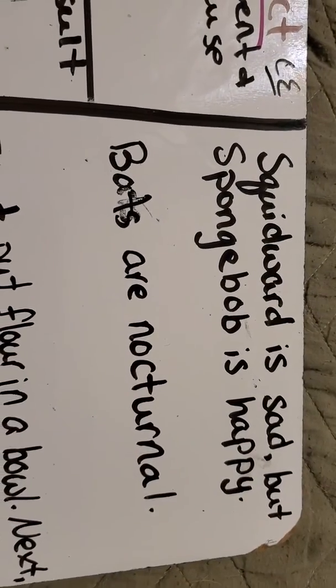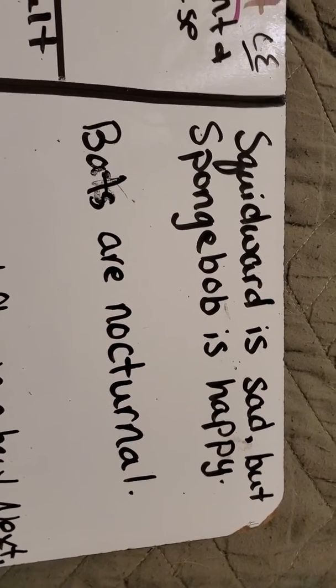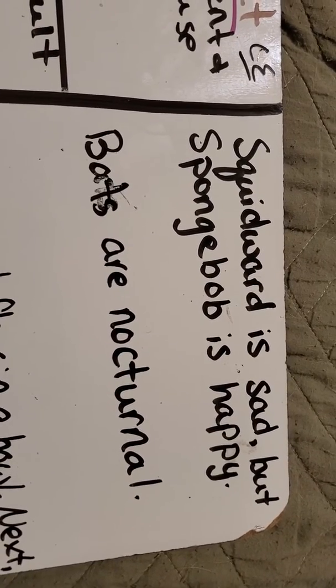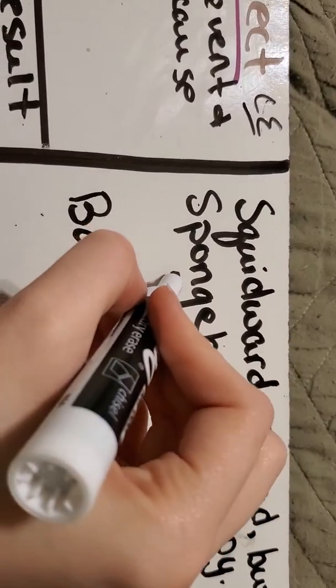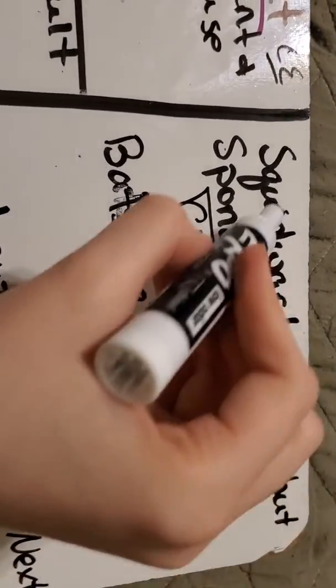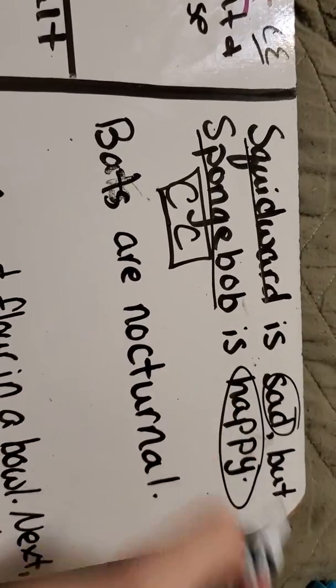How they're alike and different? Are we giving like a list of steps? Are we giving a problem and a solution? Or are we showing a cause and effect? The correct answer is we're comparing and contrasting because we're showing how two things are similar and different. So Squidward and SpongeBob. Squidward is sad, SpongeBob is happy.